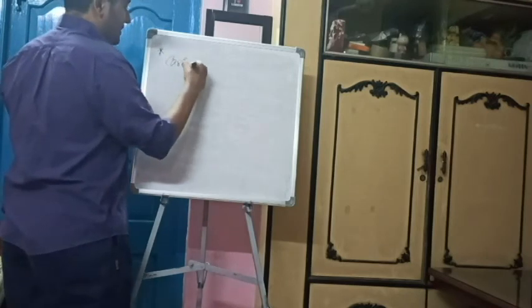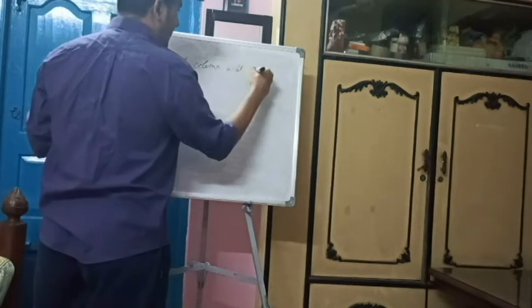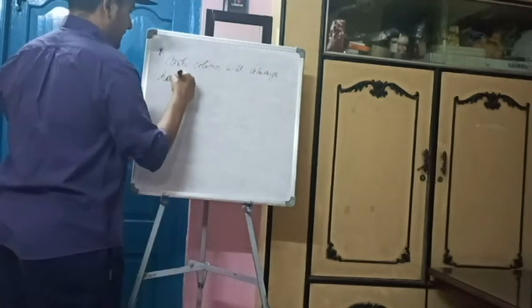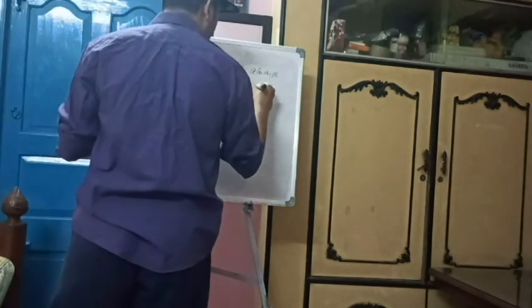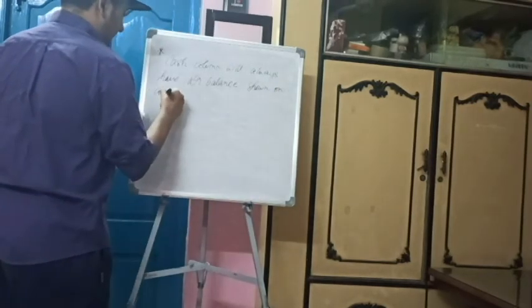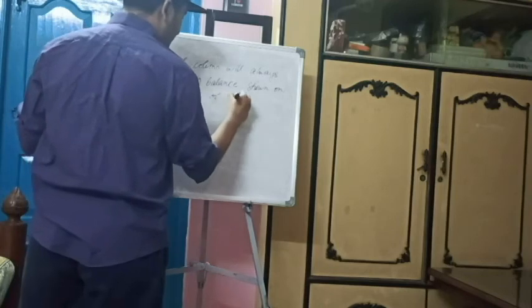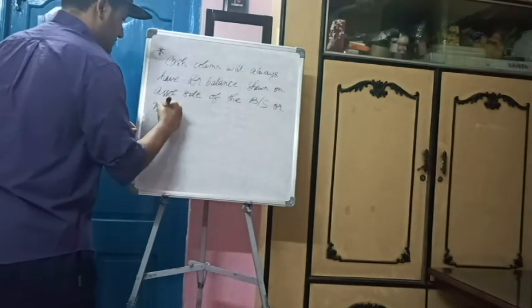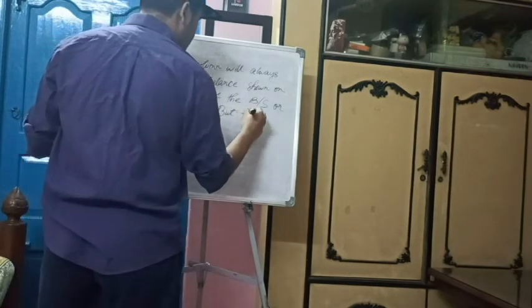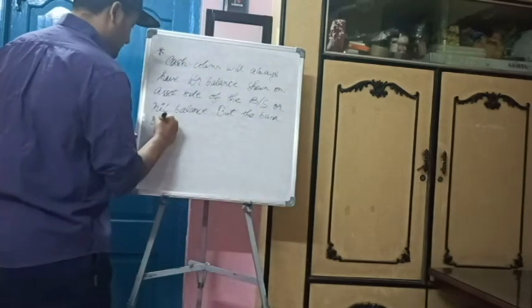Remember one thing. Remember, cash column will always have debit balance, shown on asset side of the balance sheet or nil balance, but the bank column will have either debit or credit balance.